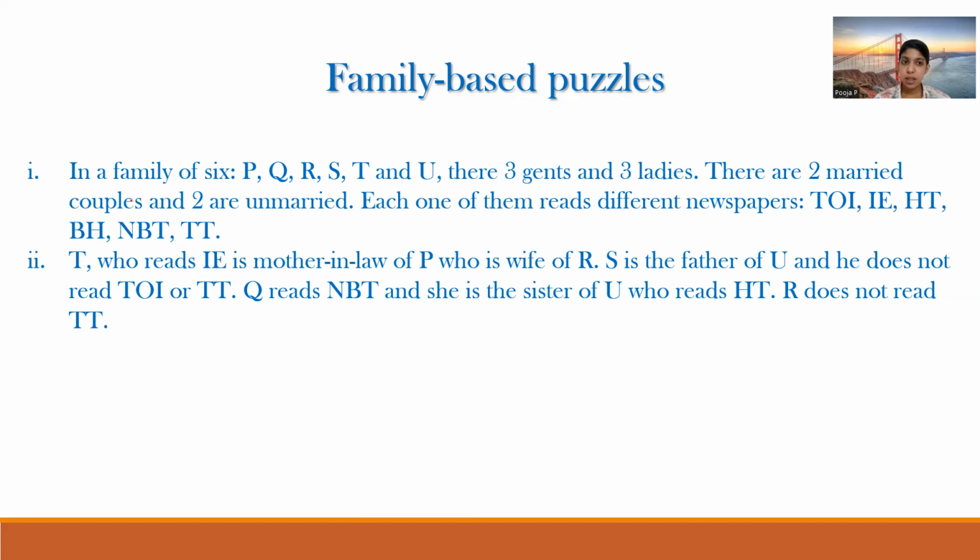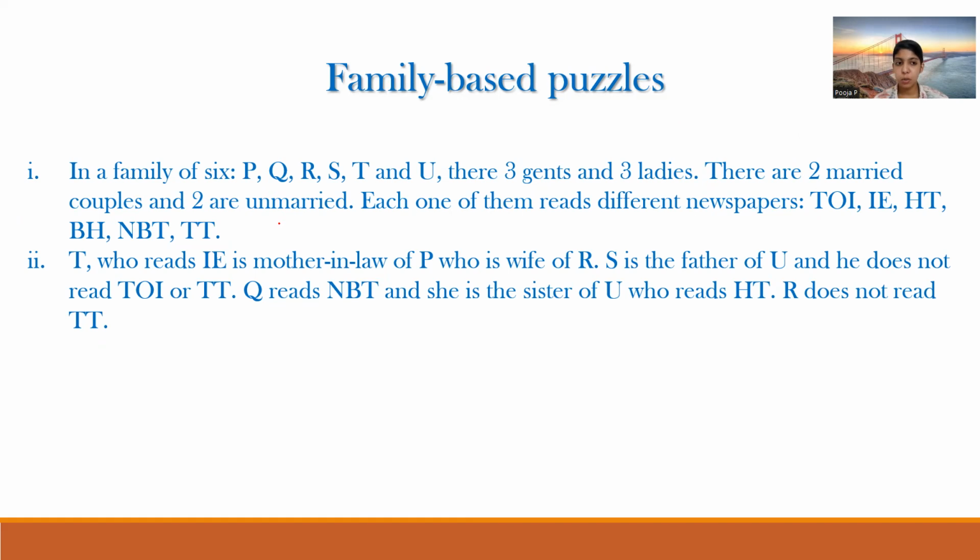It has two statements. In a family of six, P, Q, R, S, T, and U, there are three gents and three ladies. Two are married couples and two are unmarried. So when you say two are married couples, four people are done here, and the other two are unmarried. Each one of them reads a different newspaper: Times of India, Indian Express, Hindustan Times, Business Herald, Navbharat Times, the Tribune.